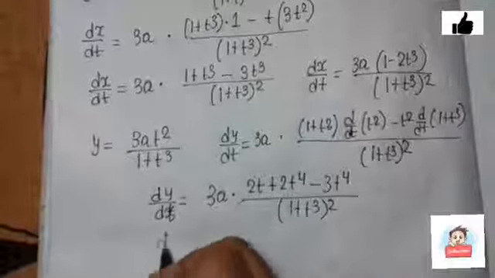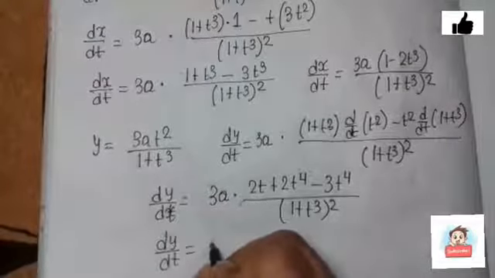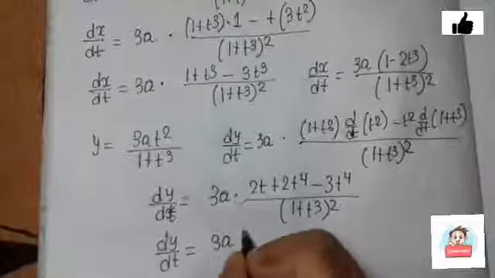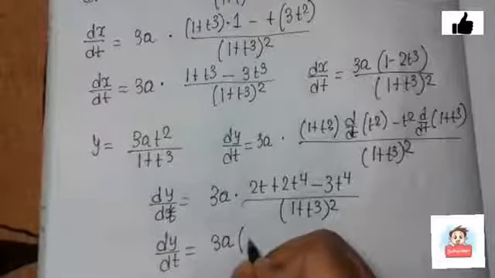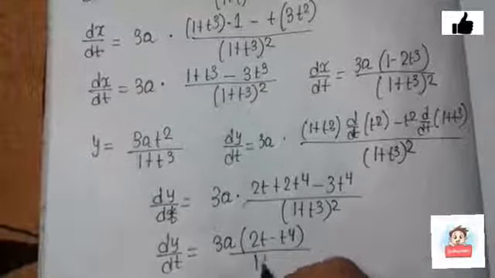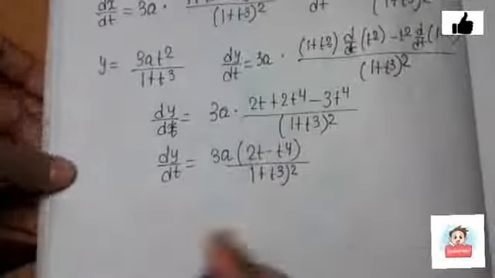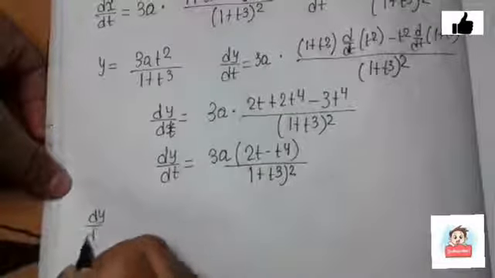The next step is dy by dt equals 3a, common, will take as it is, 2t minus t to the power 4, whole divided by 1 plus t cubed whole square. As you can see, we need to find dy by dx.